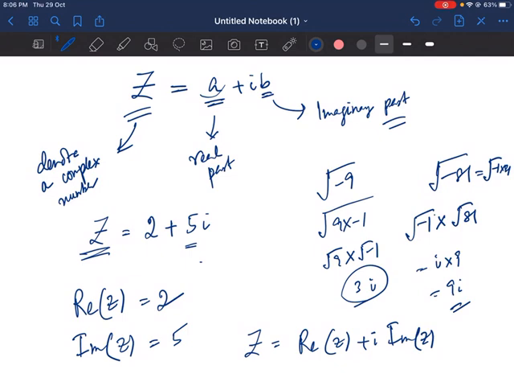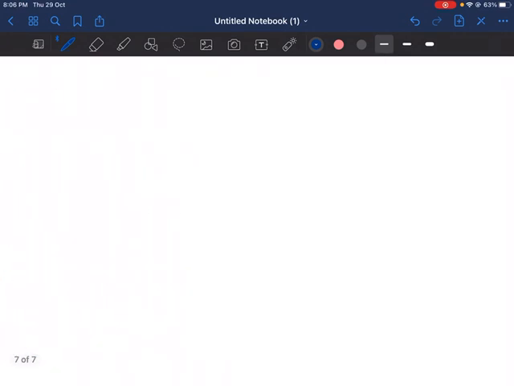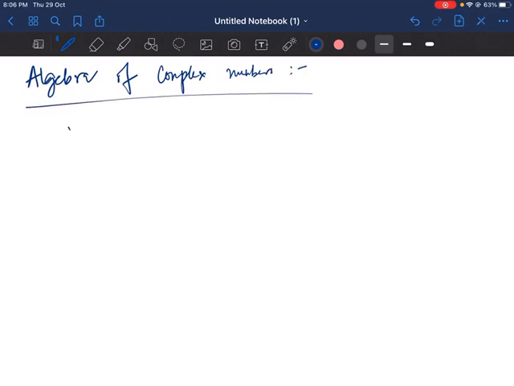Now there is the algebra of complex numbers. Listen very carefully. The first operation is, when I add two complex numbers, what happens?